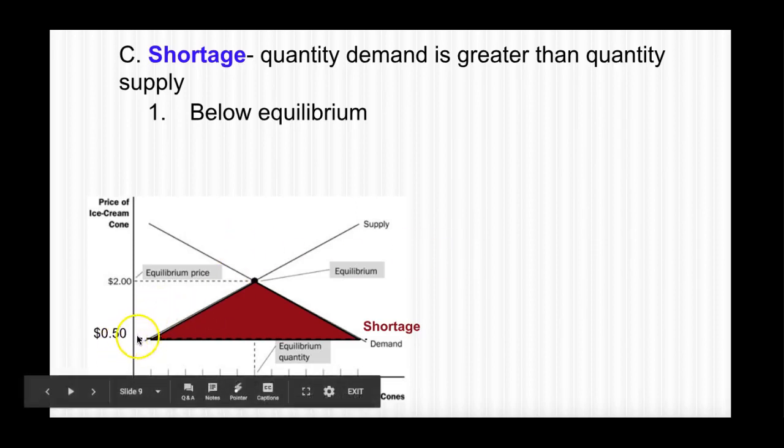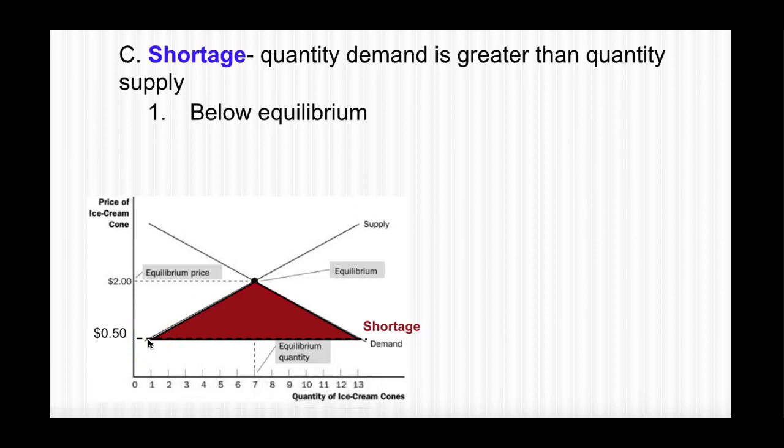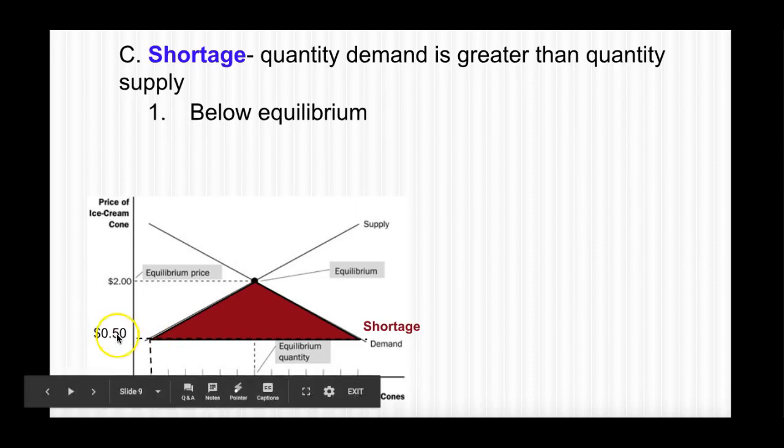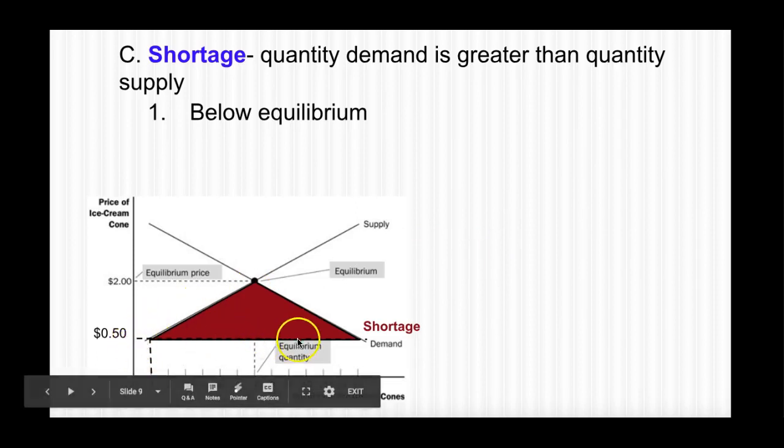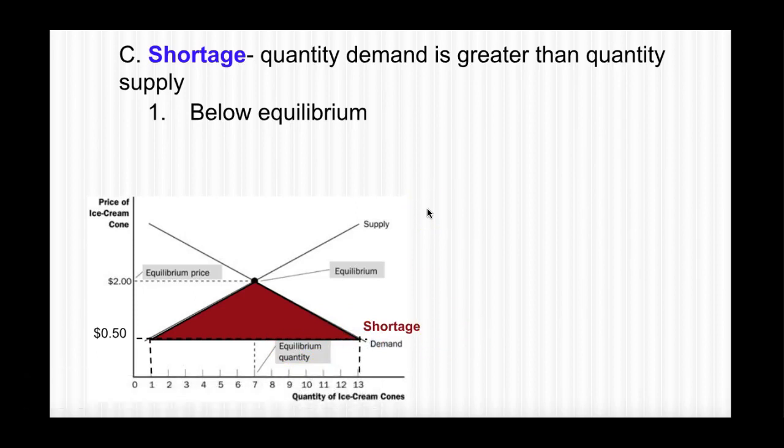At 50 cents, follow where it hits our supply and demand curves. At 50 cents, I have one that I'm willing to sell, because I have costs that I have to pay for. But if you follow all the way across to my demand curve, I've got 13 people that want ice cream at 50 cents.